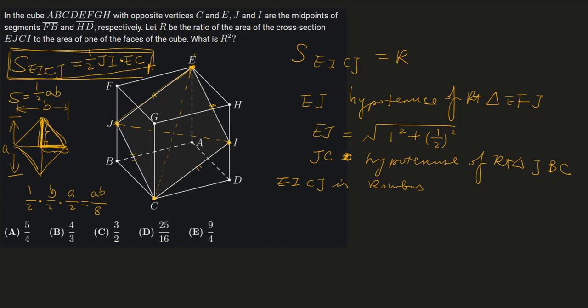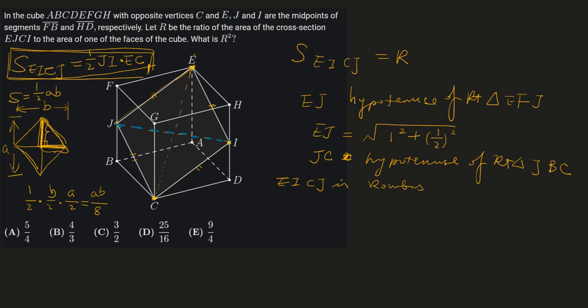With that formula, we can compute the area of EICJ quite easily. First, let's look at the length of JI. I'll use a blue color. That's this line segment. What is it?